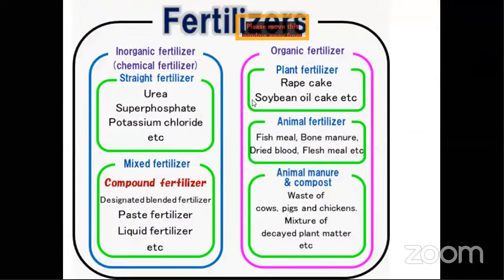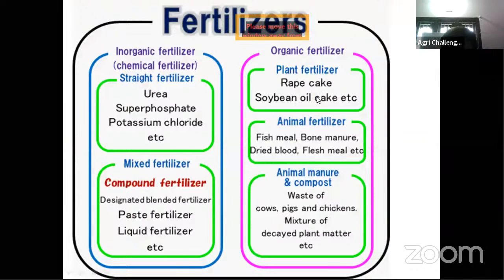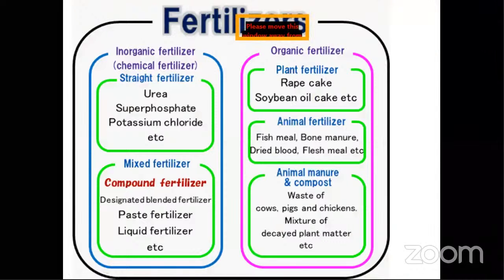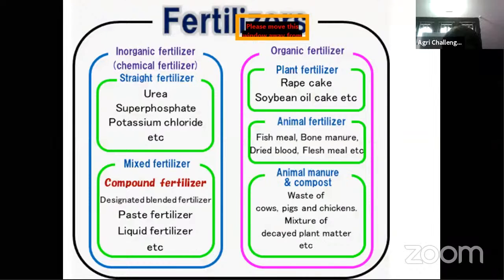Then coming to organic plant fertilizers, that is your oil cakes. Then animal fertilizers: fish meal, bone meal, dried blood, flesh meal, and animal manure and compost waste such as cow dung, chicken manure, and decayed plants and plant material.